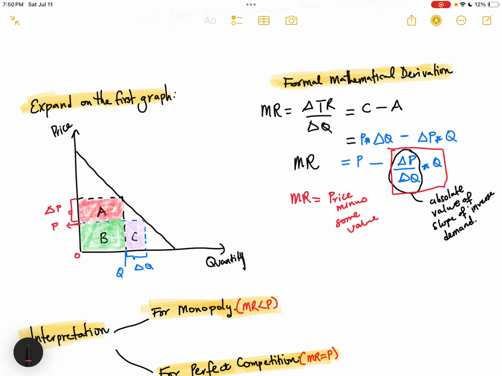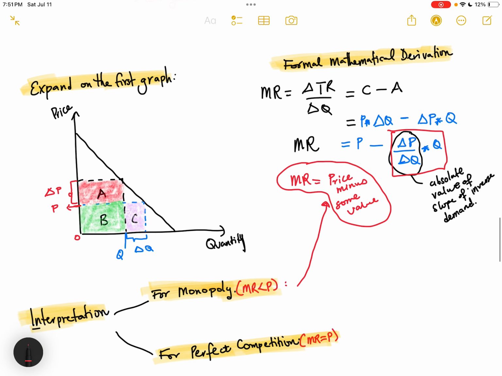That way you know that marginal revenue for the monopoly is less than price. Right, so what's the interpretation here? For the monopoly, marginal revenue is less than price. Marginal revenue is price minus some value.